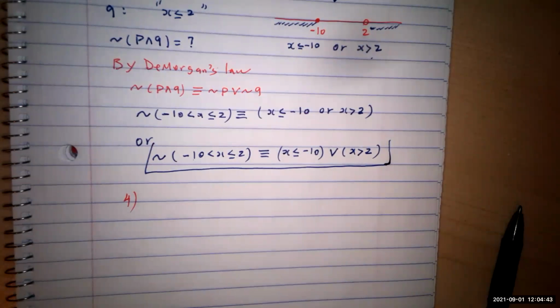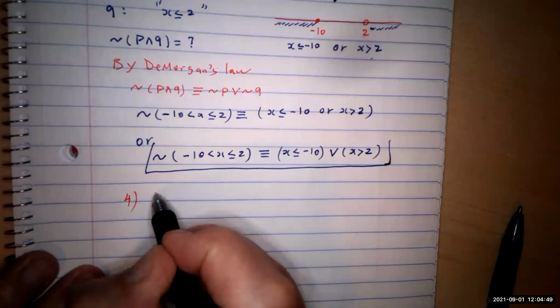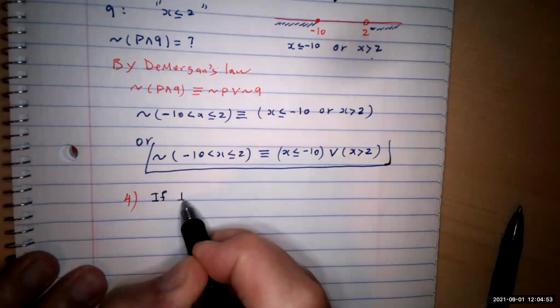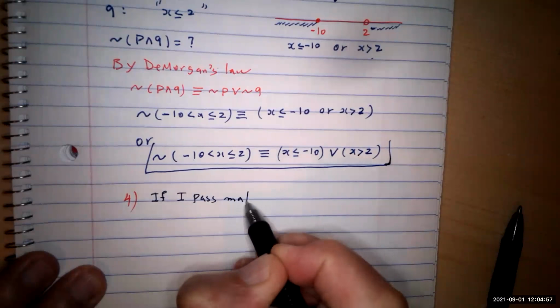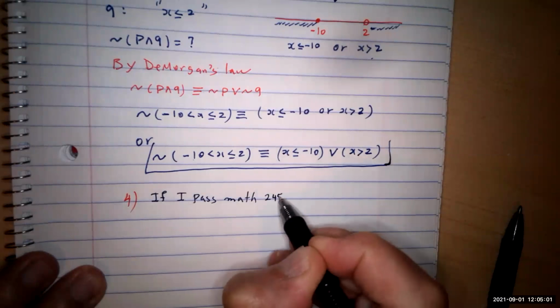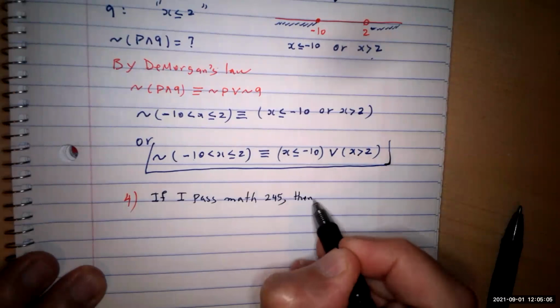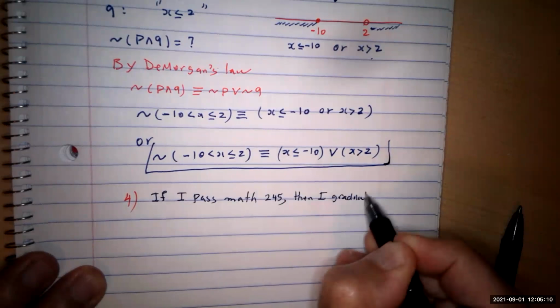If P then Q, you want to negate this one. Okay, so what is this? If I pass math 245, then I graduate.